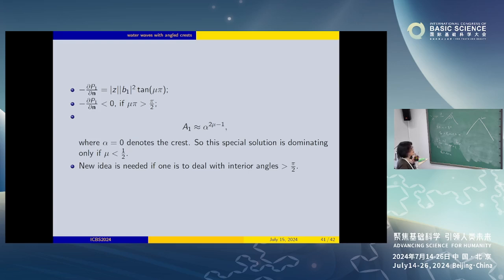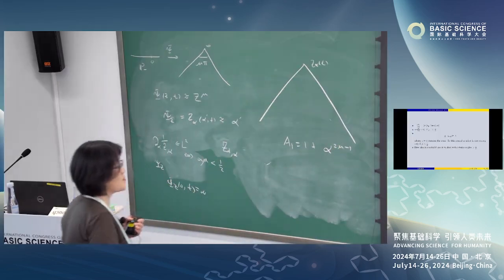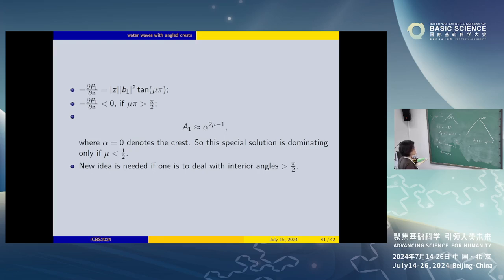Another reason is that you want this singular solution to be dominant. You want this special solution to be dominant. So you compute A1, and remember A1 equals 1 plus something. In order for this to be dominant, mu has to be less than 1/2, because if it's bigger than 1/2, this is close to 0 at this point, and then it's not dominant anymore.